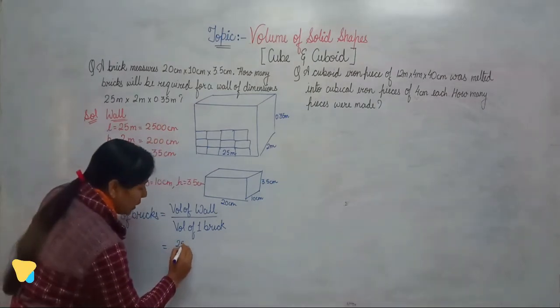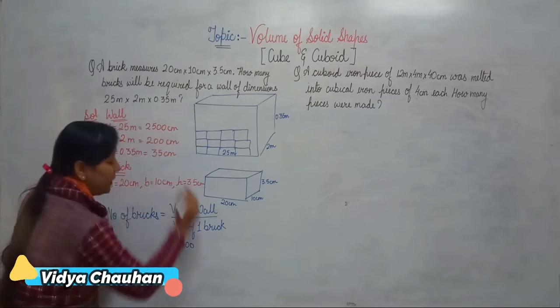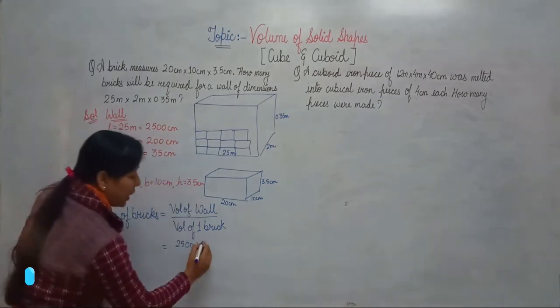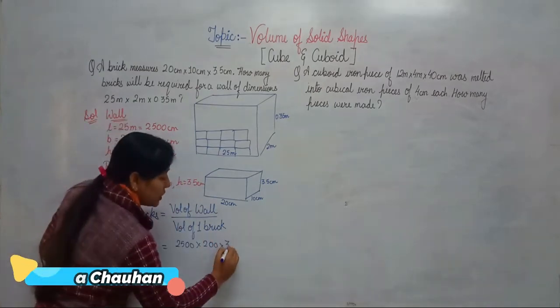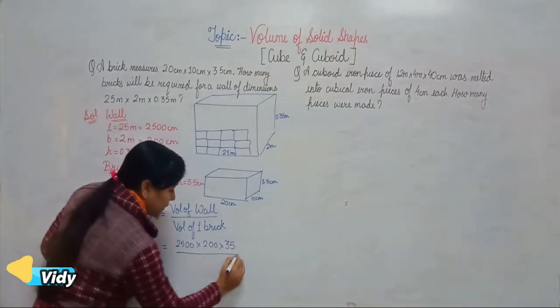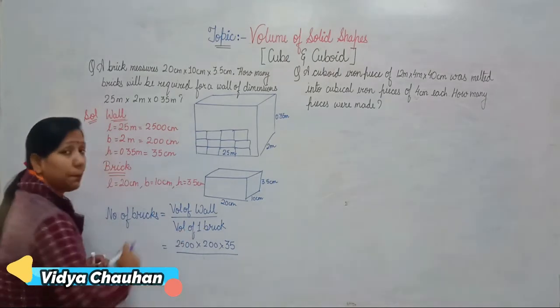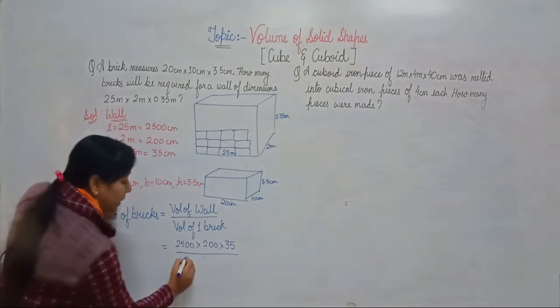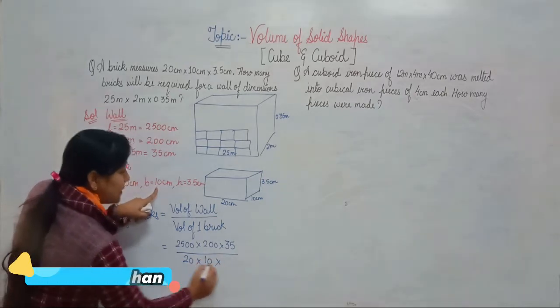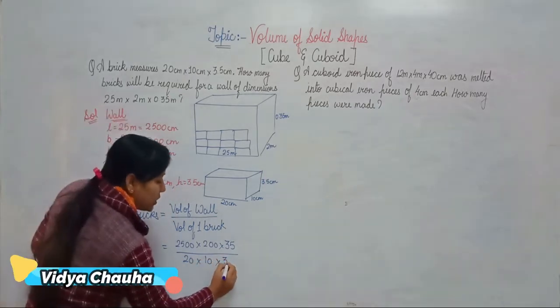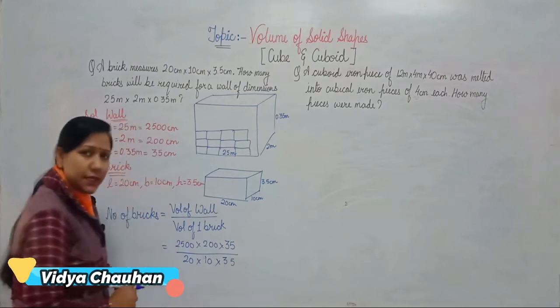So that is 2500, the length, multiplied by 200, the breadth, and 35 centimeter, which is your height, upon the volume of the brick. For the brick, the length is 20 centimeter, breadth 10 centimeter and height 3.5 centimeter.